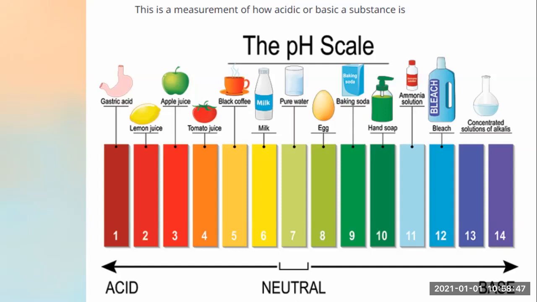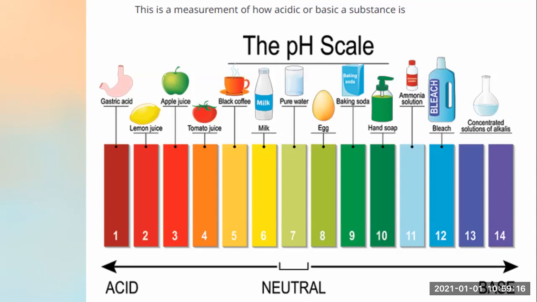Now we'll go to the basic compounds. Now we know eggs. We all love to eat eggs, right students? So when I take a small amount of egg in a test tube and put 4 to 5 drops of universal indicator in that, what do I obtain? I obtain a light green color, more than a neutral color, right? So when I match it with the pH scale, I find that the egg is basic in nature.